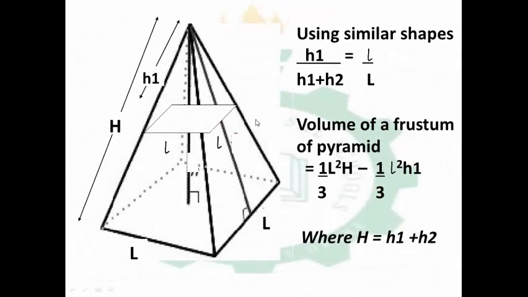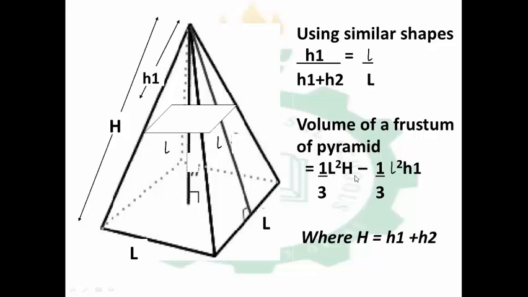Using similar shapes, the height of the smaller pyramid over the height of the bigger pyramid, which is H1 plus H2, is equal to small l over capital L. Then the volume of this frustum of a pyramid is going to be 1/3 L square H, since it's a square base pyramid, minus 1/3 l square H1 for the smaller pyramid. Remember, your capital H is H1 plus H2.